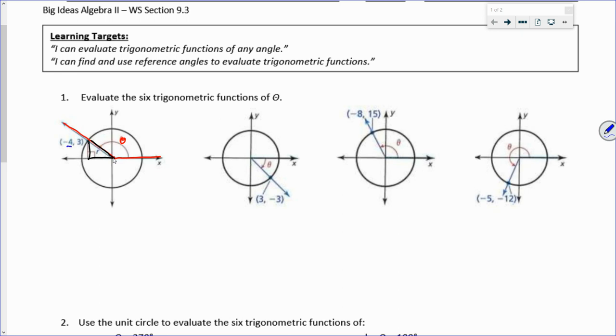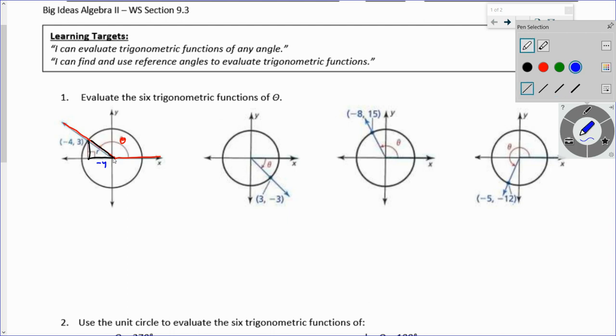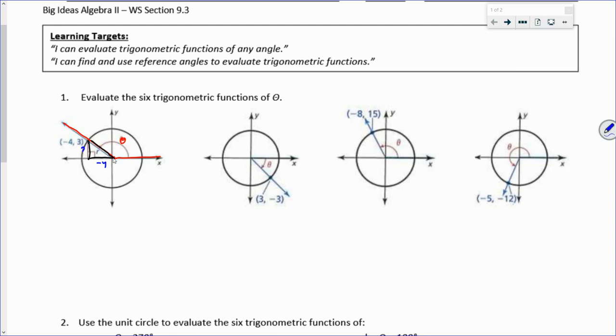So first of all, if that's x, then that means we went -4 back on this triangle from the origin. We also went 3 up from the origin. I know we have an r there for radius because we don't know the radius of the circle, but we can find it out using our friend the Pythagorean theorem.